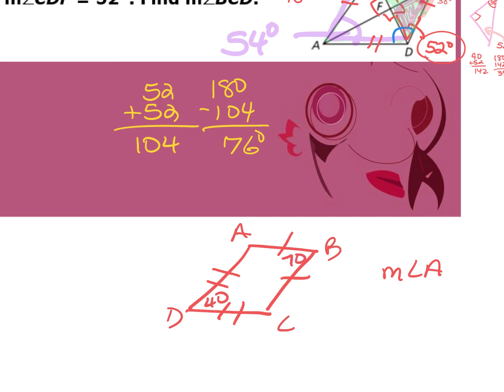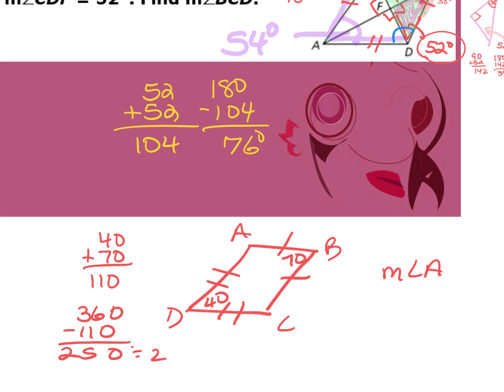Then what you can do is add 40 plus 70, get 110. I know that the four angles of a quadrilateral are 360. Subtract that. And then divide that by 2. And each angle here, because these are congruent, would be 125. So the measure of angle A is 125. So don't be tempted to draw the diagonals in. Just use the fact that it's a quadrilateral.